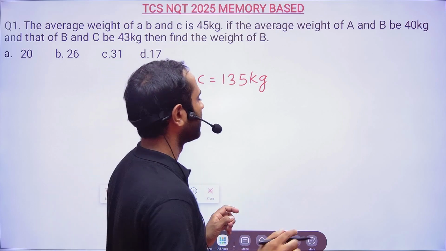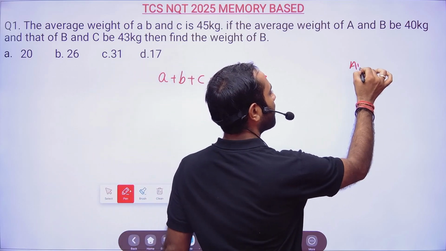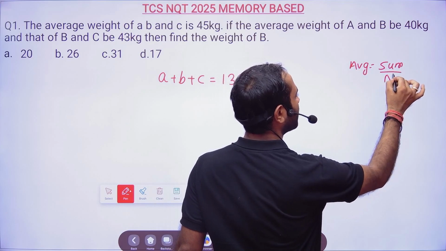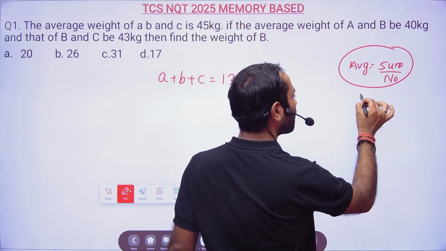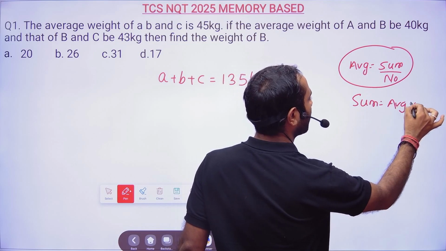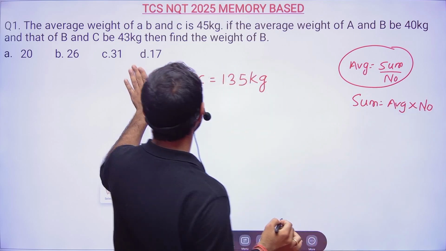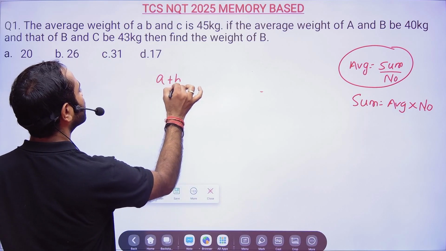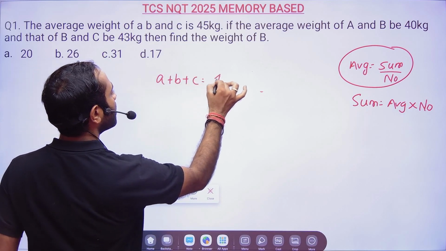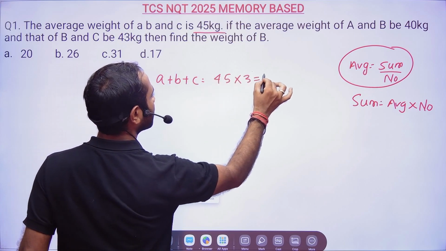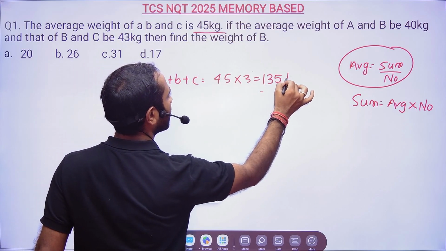Anyway, as you know, average is equal to sum divided by number, so sum will be equal to average into number. Here the total weight of ABC will be equal to average 45 into 3 people, which is nothing but 135 kg.